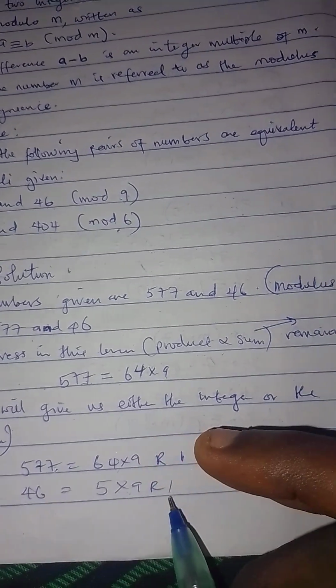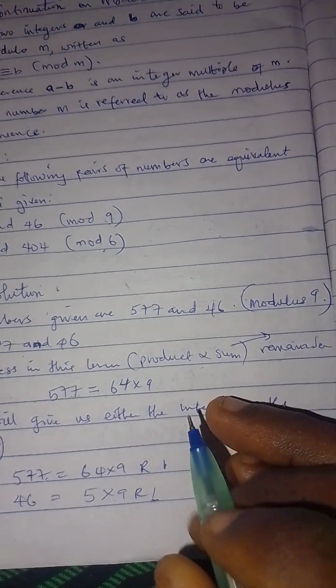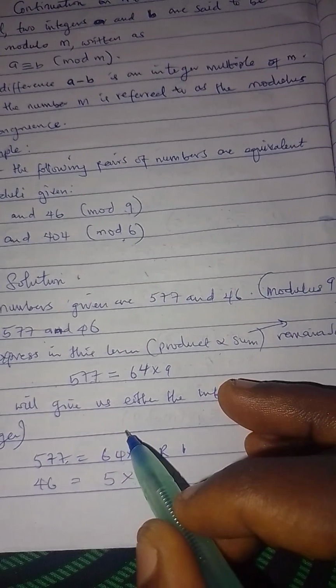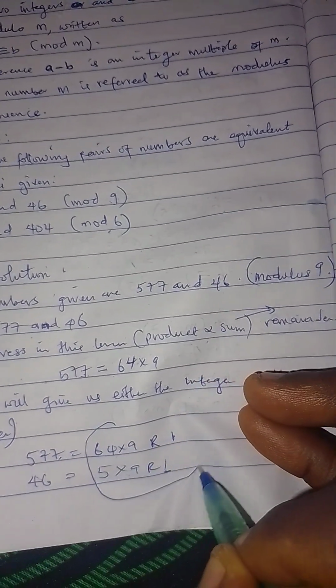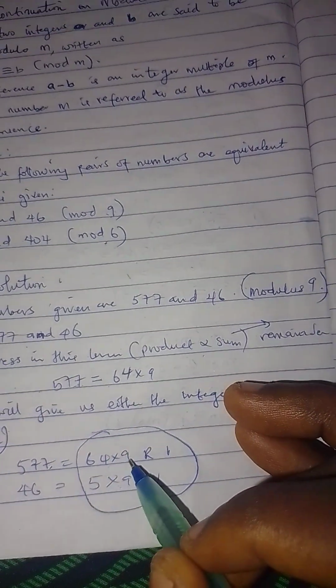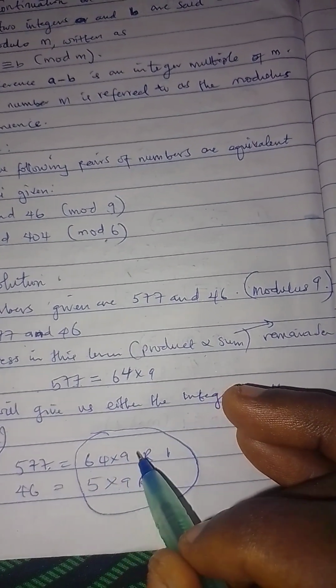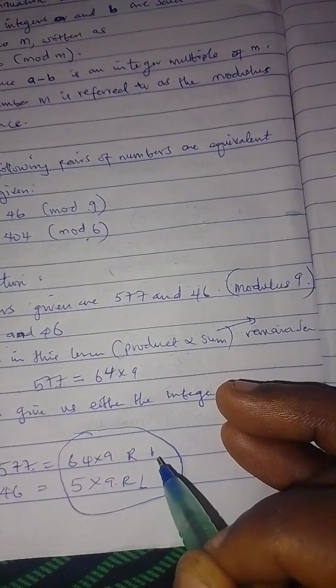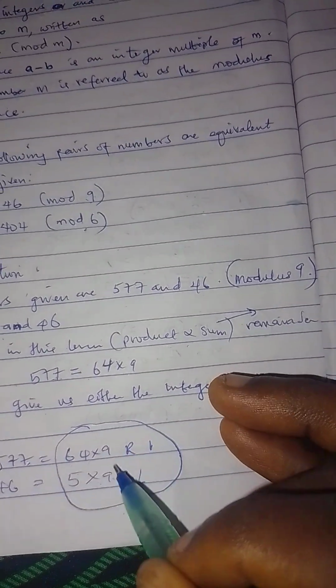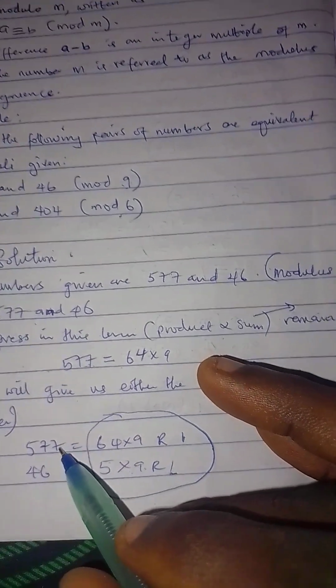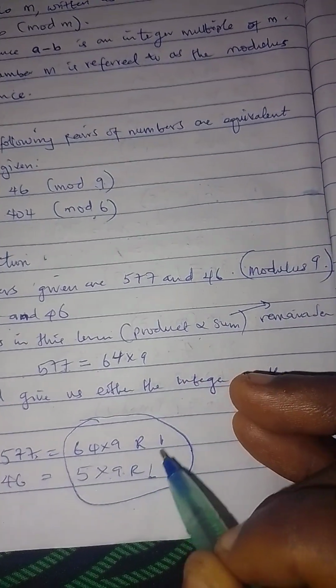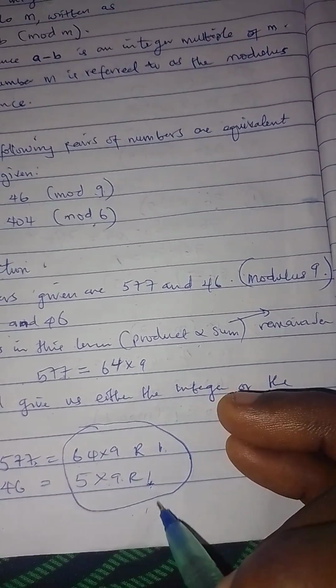So I wrote it down, then brought down the remainder. Now you observe clearly that both numbers, 577 and 46, share remainder 1.